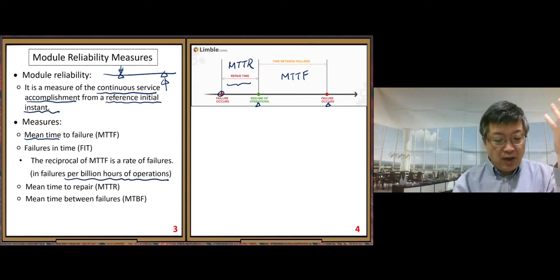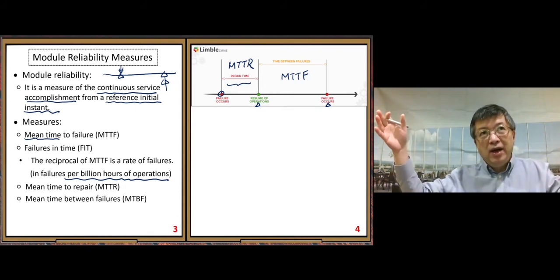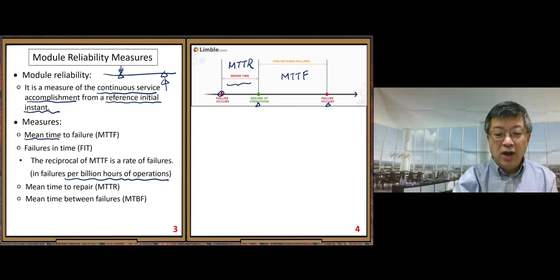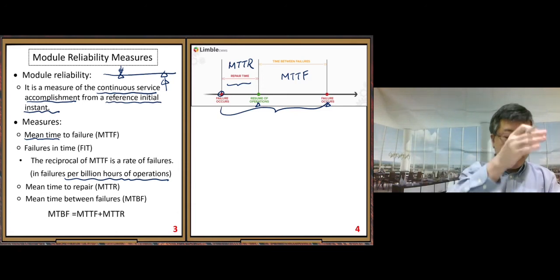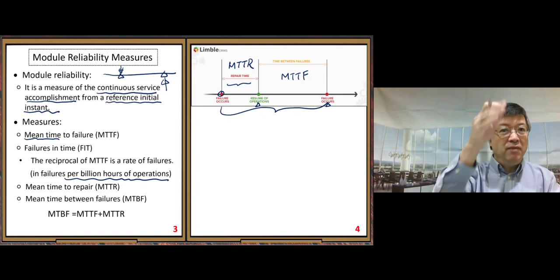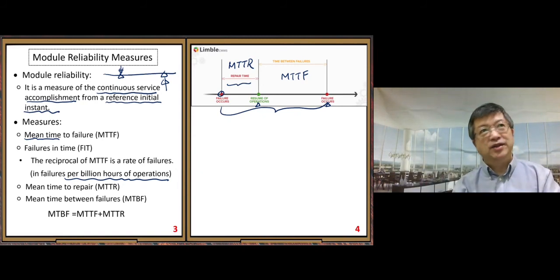So that's the MTBF. You can see that the period contains two parts, MTTR and MTTF, between two failures. So we get this formula: MTBF equals MTTF plus MTTR.